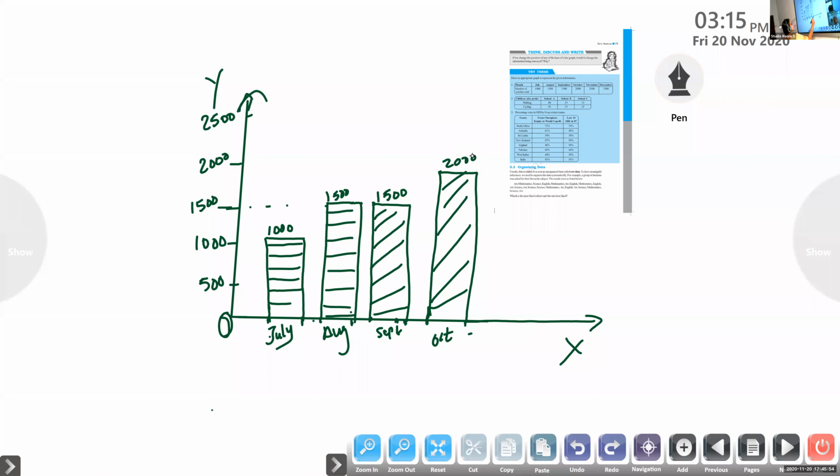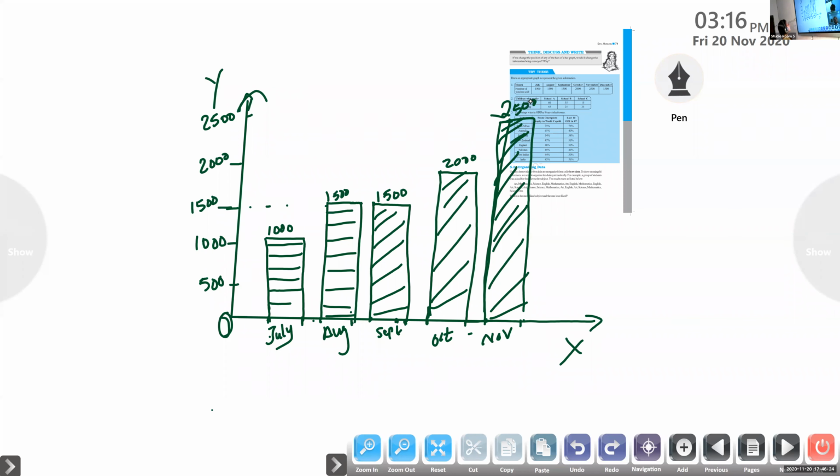Then November, 2500. November, it is 2500. Next bar, 2500. November.